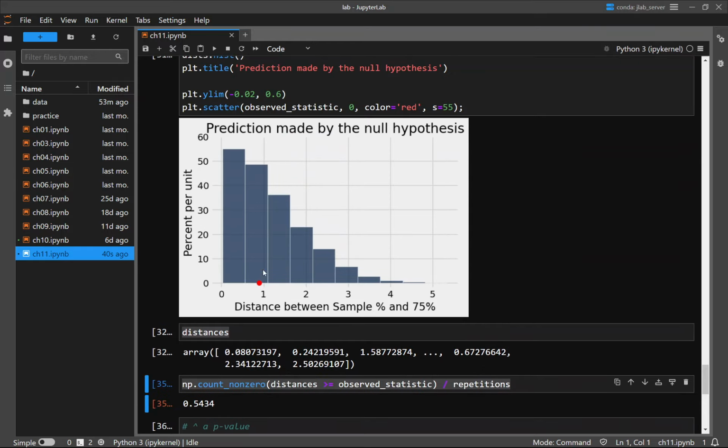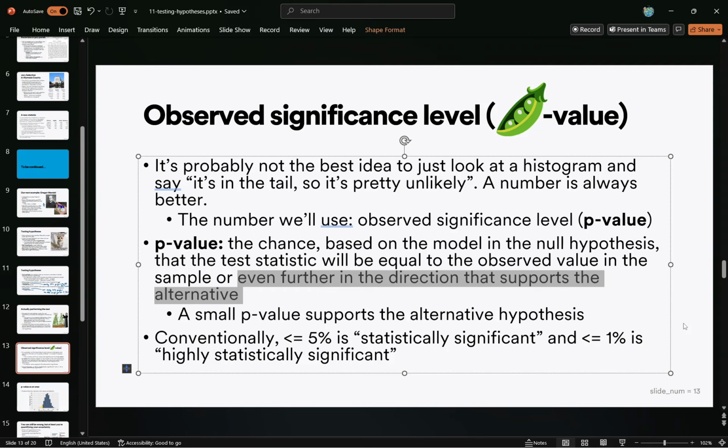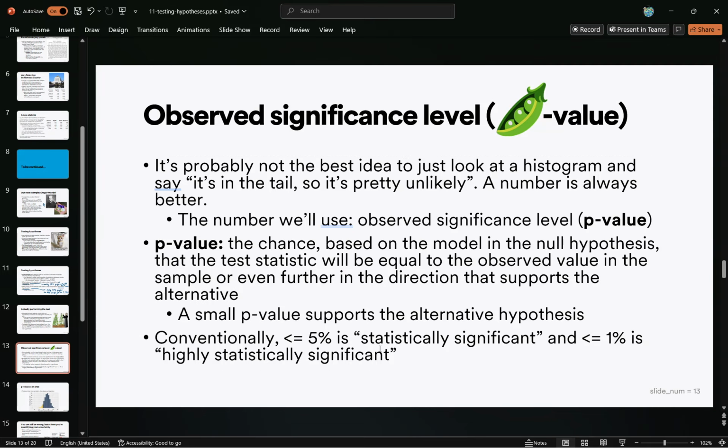The model is predicting that it would be that far out, or even farther, actually. So that means we don't want to reject our null hypothesis. We have good support for our null hypothesis. Small values would support the alternative, because it's very unlikely for it to be out there or even further in that direction. So that's how you can interpret those graphs.